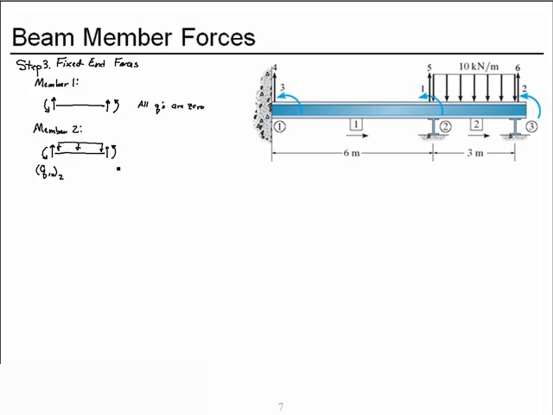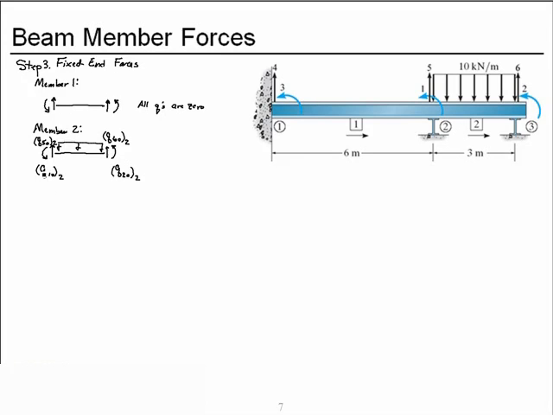On this side, we'll have the fixed end force Q2 naught, degree of freedom 2, naught because it's a fixed end force, and subscript 2 refers to member 2. Our shear at the right end, Q6 naught, member 2, and at this end, Q5 naught, member 2.